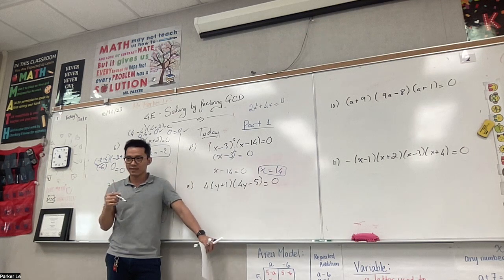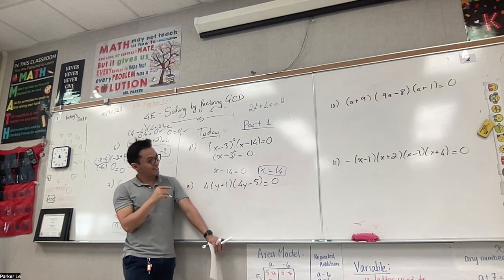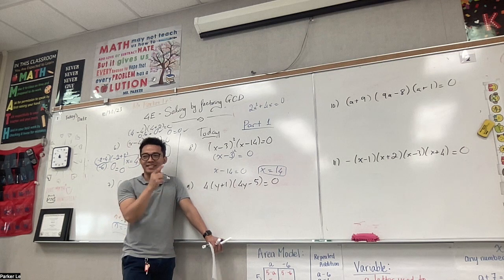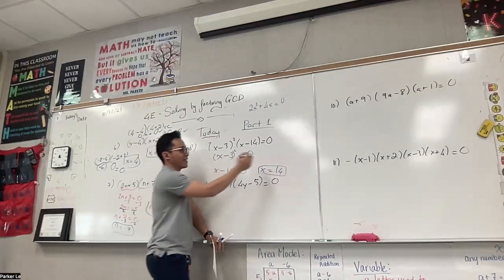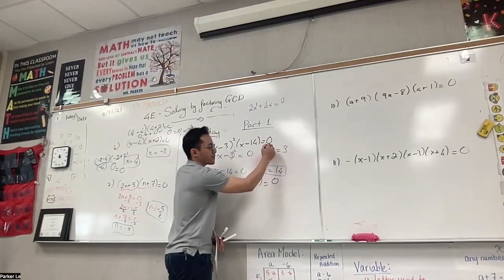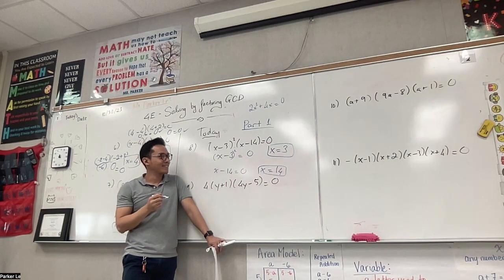Right, Dana? Ready? x equal 9. x equal 3. Why x equal 3? Plus zero.